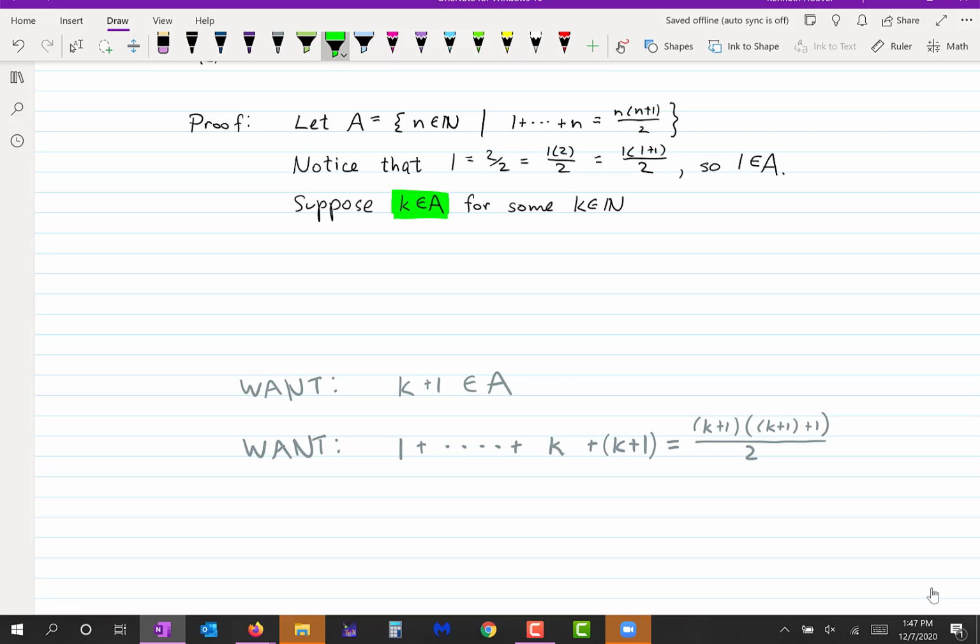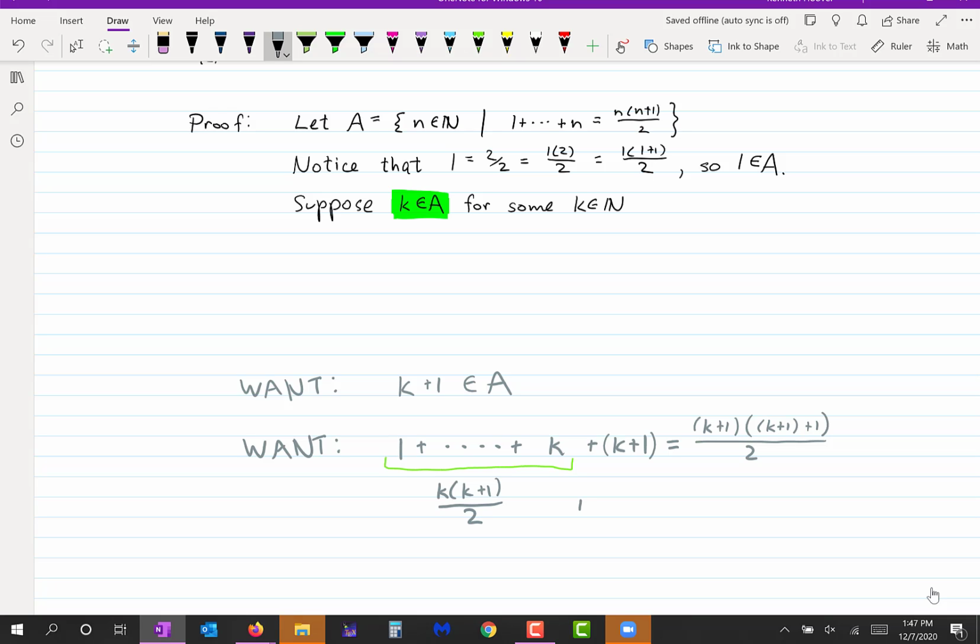You see, K is an element of A. That's our inductive hypothesis. So that means that 1 plus ... plus K, that chunk right there, can be replaced with K times K plus 1 over 2.